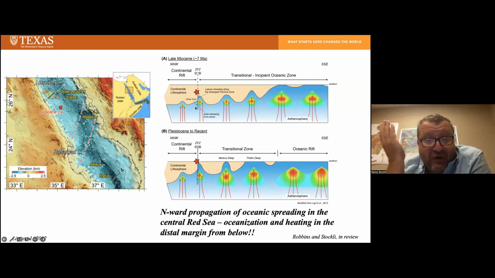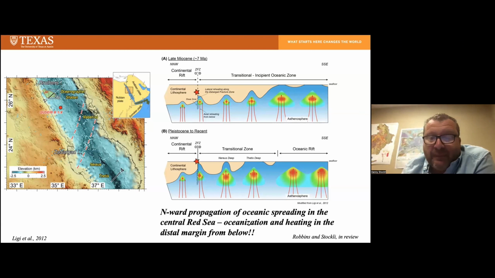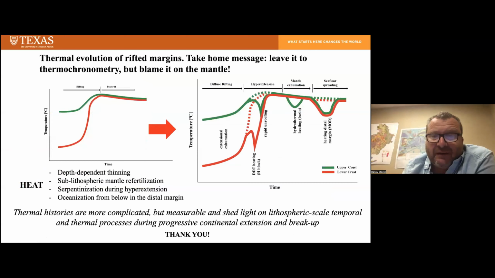Because the pre-extensional lithosphere is so thin by now, you're getting exposed from below to the encroaching magma chambers related to seafloor spreading. This is a model that was originally put forth by Marco Ligi in 2012, but this is really the data that show there's a tremendous thermal impact on this.